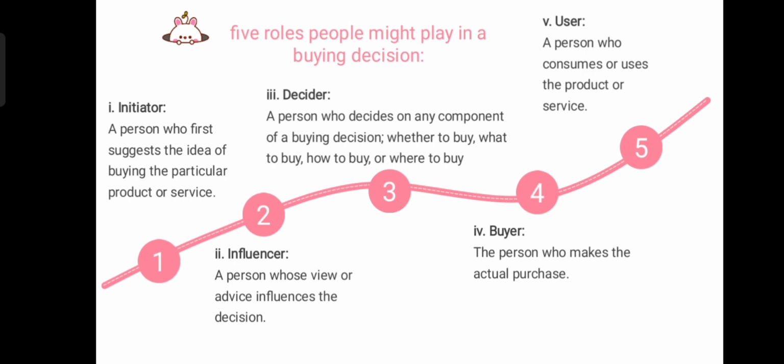And the user is a person who consumes or uses the product or service. So the four of us, Nicole, Sherry, Honey, and me, are the users. Because whatever we buy, we are the ones eating it. We don't buy for others. That's an example of the roles people might play in a buying decision.